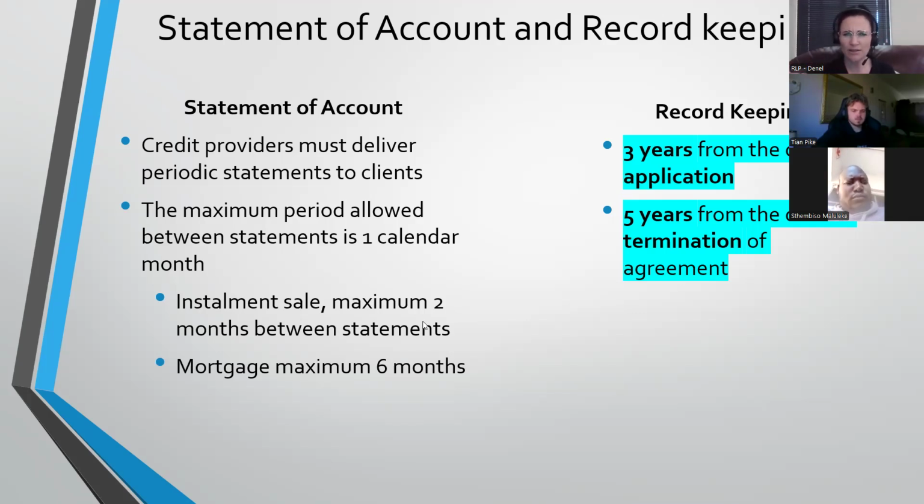But so only one is correct, but they ask you which 2. If you only pick the correct one, you will still get all your marks. Okay. But don't let them convince you into picking a wrong one just because they say pick 2. If you know for a fact that only that one's correct, pick it. Okay. 3 years application, 5 years termination.